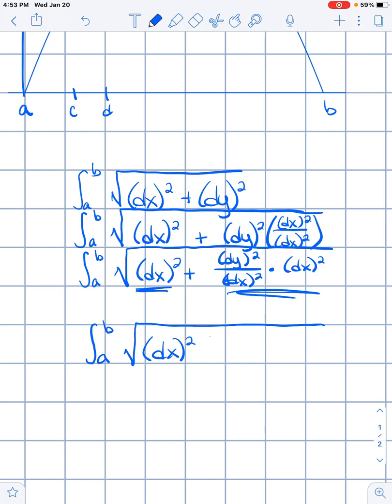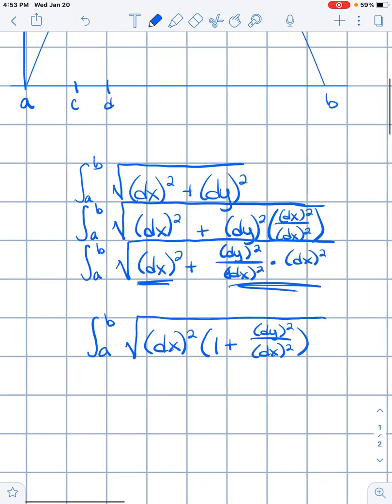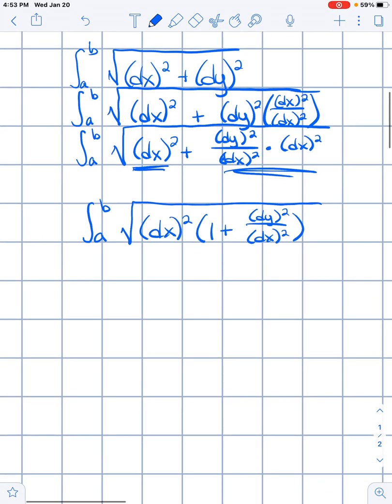All right, so if I factor out a dx squared, I end up with 1 plus dy squared over dx squared. The nice part about radicals is when I have two things being multiplied together under a radical, I can write them under their own radical.